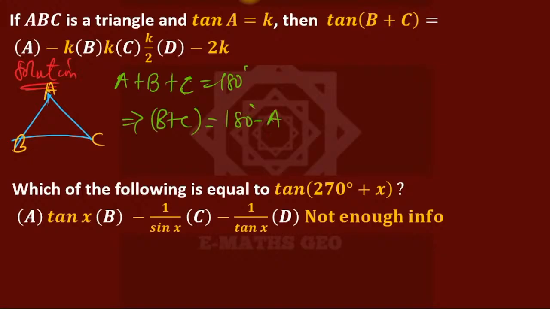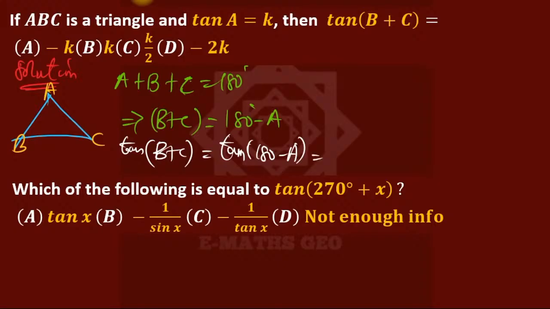Yes. So now let's move to the equation. We're asked to find tan of B plus C, which is the same as tan of 180 minus A, as we've proved here, since it's a triangle.